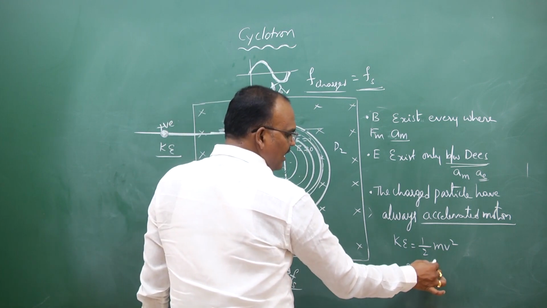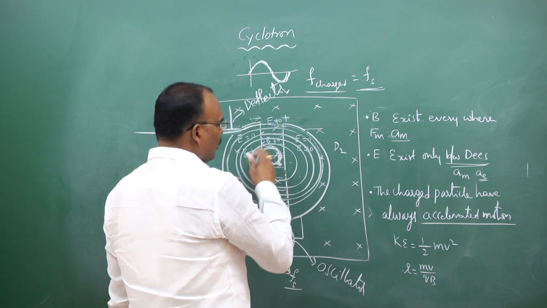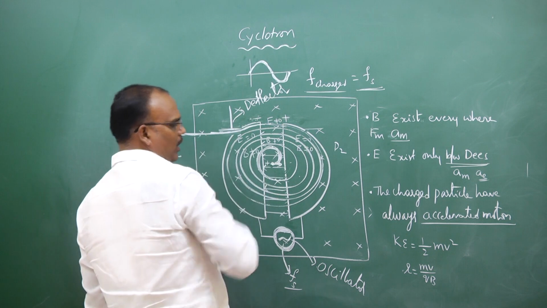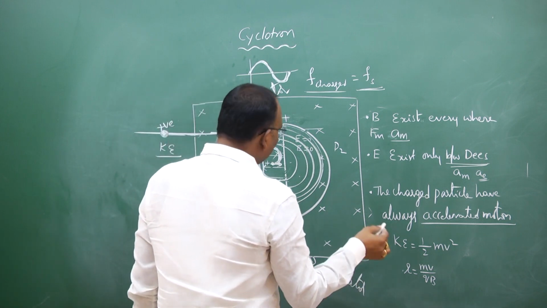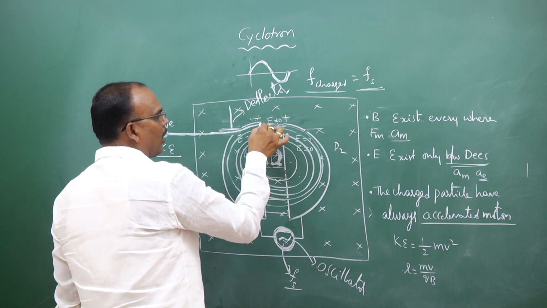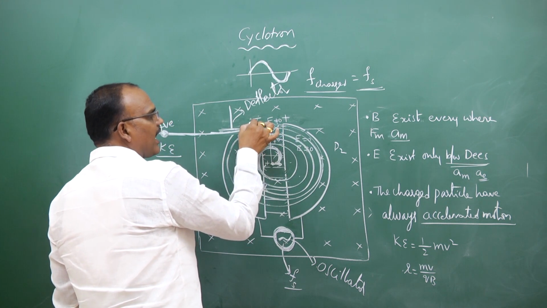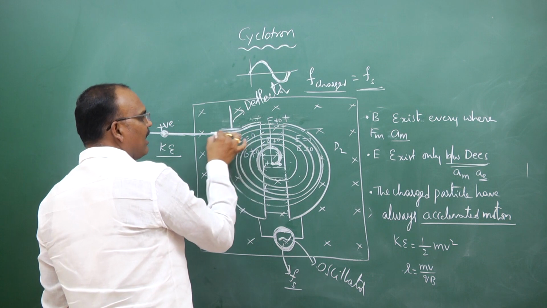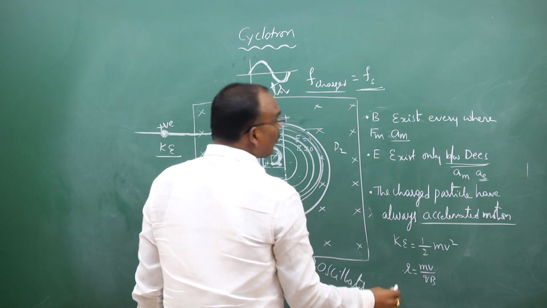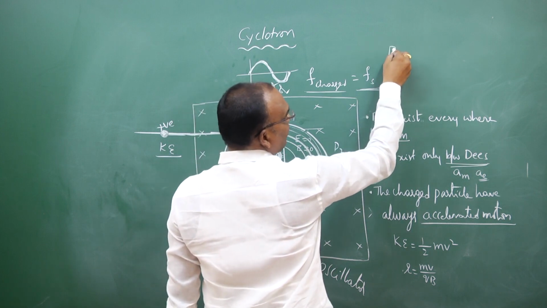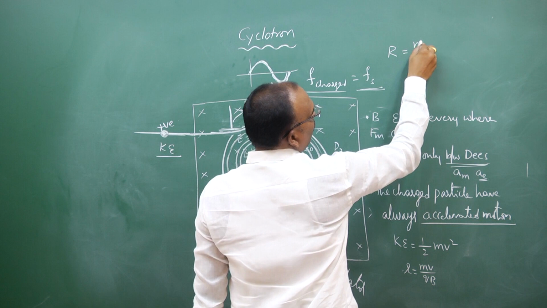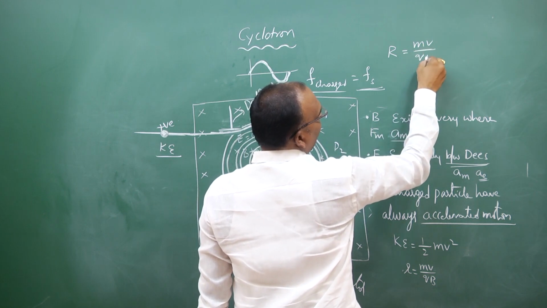See here, velocity is increasing, radius is increasing, so it is moving in a spiral path and it comes out. Okay, by the time the radius of the revolving ion is almost equal to the radius of the D, then we will exit the ion. So that's why this R is going to be the radius of the D. Radius of the D is equal to mv/qB.